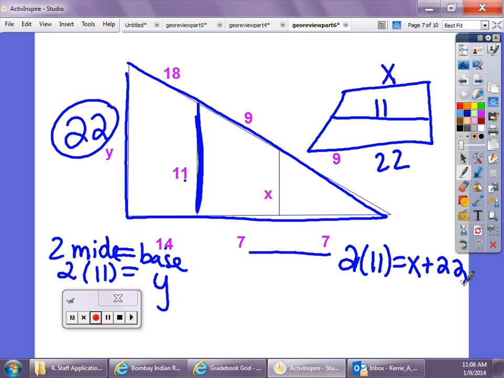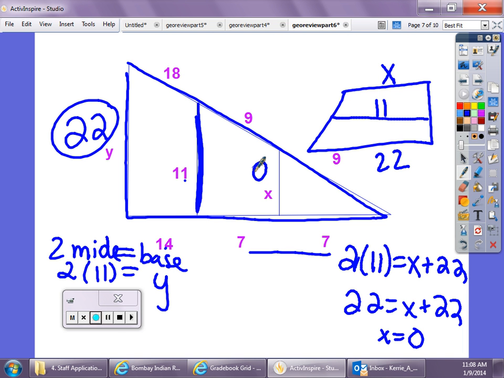What did I do? Okay. All right. And so then 22 equals x plus 22, so then x is equal to 0. They picked bad numbers. I'll have to tell them. Unless I did something wrong.